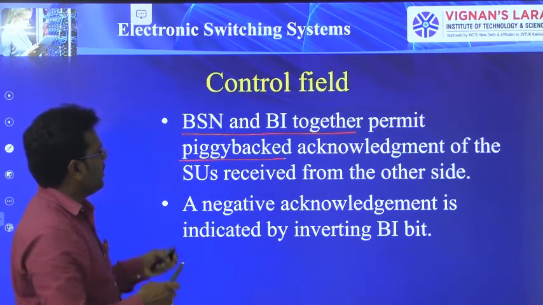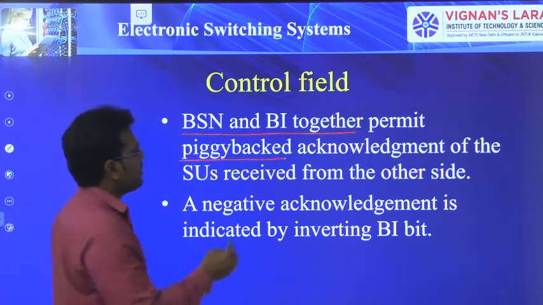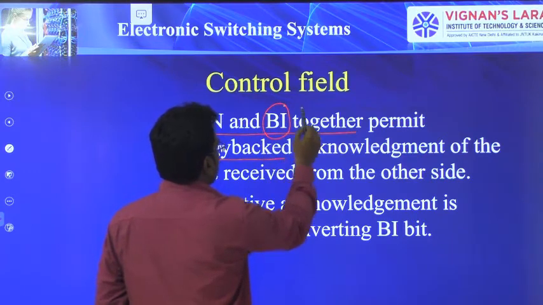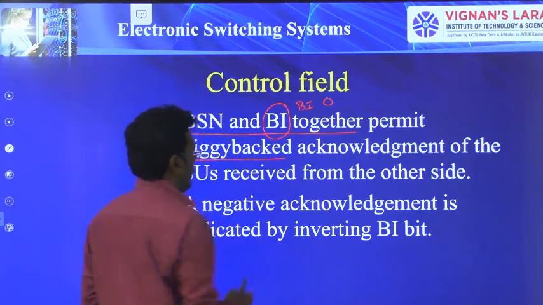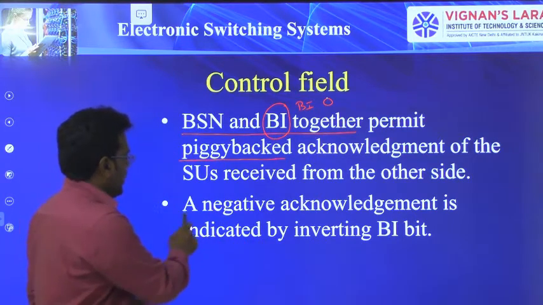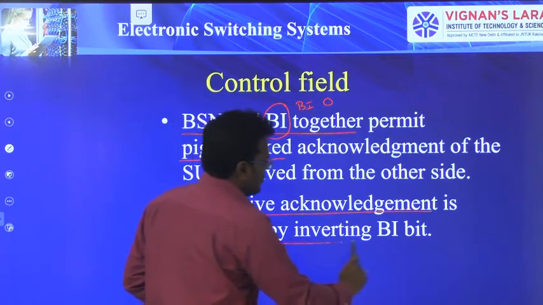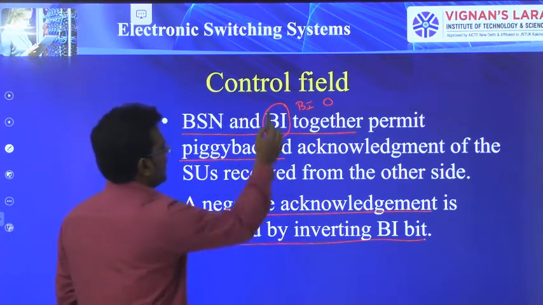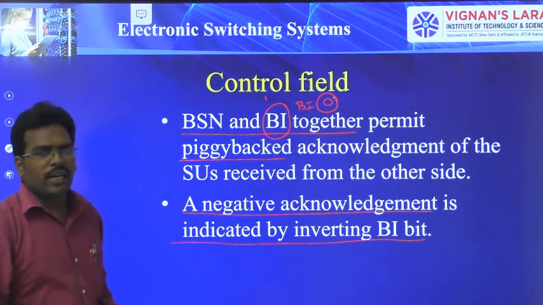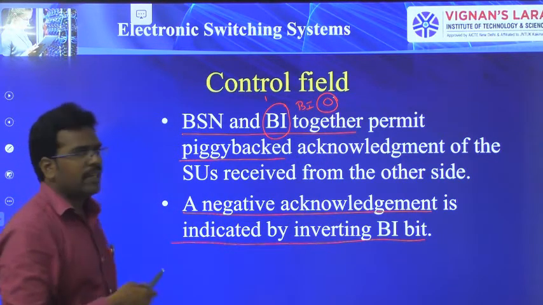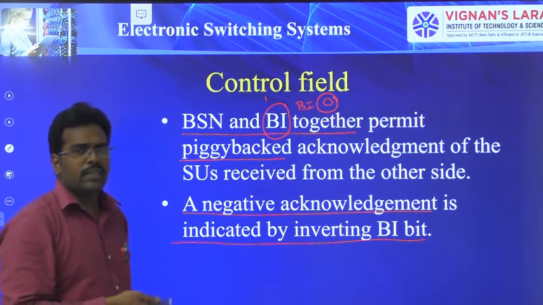For example, if a message is not received, in that case it is going to invert this BI bit. A negative acknowledgement is indicated by inverting the BI bit. Previously it is 1, now it becomes 0. That indicates the message is not yet received, so the message must be sent back.